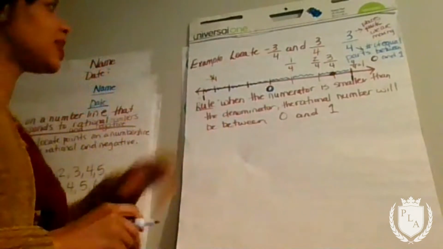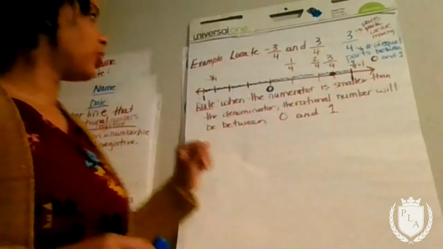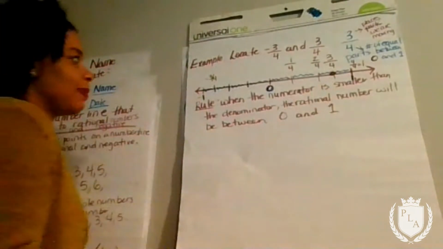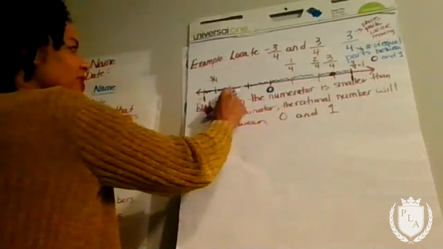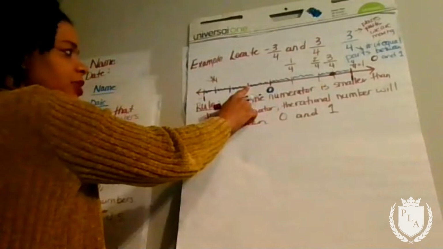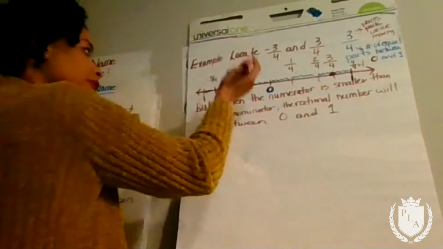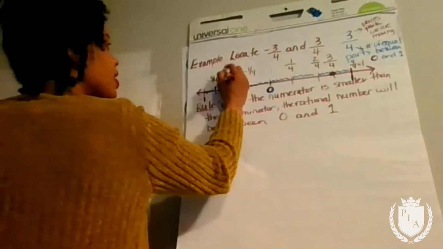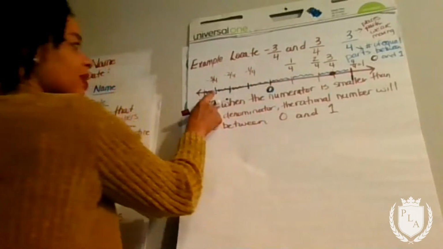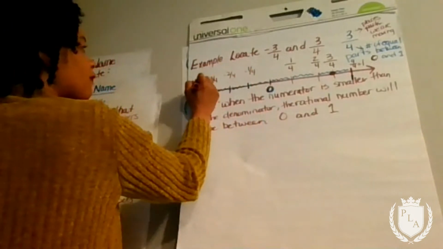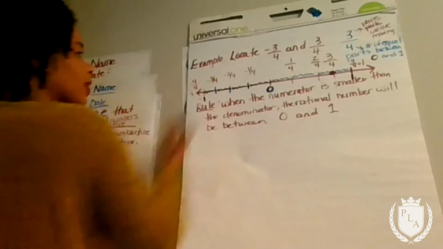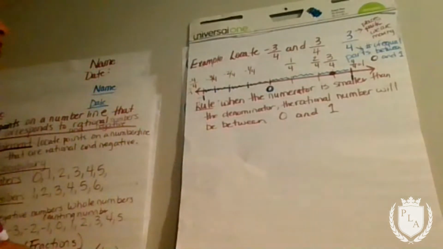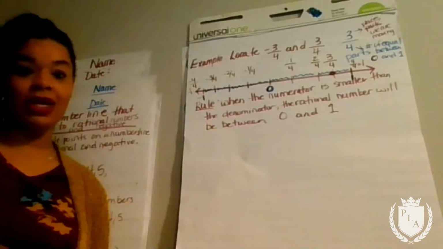And I wrote it at the top because I wrote at the bottom here in Word, so it's the same. But what about these here? What is this first part? First, -1/4, then -2/4, -3/4, and -4/4, which equals -1. Okay? Do you guys have any questions?